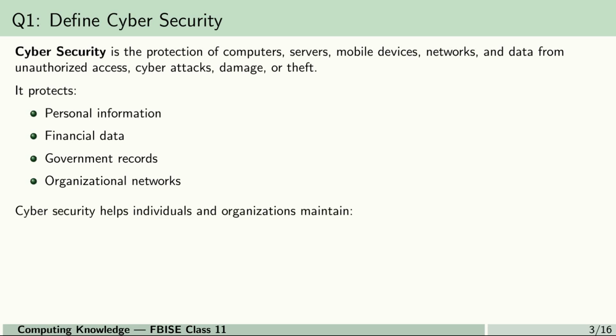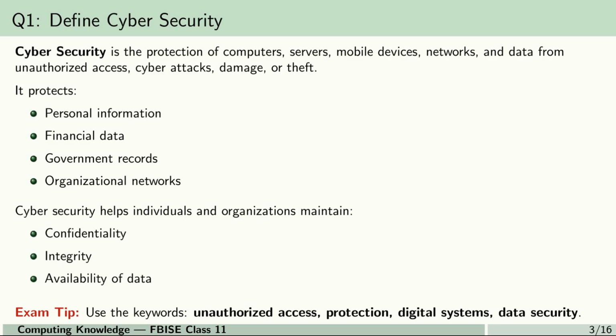Cybersecurity helps individuals and organizations maintain confidentiality, integrity, and availability of data. An exam tip is to use keywords like unauthorized access protection, digital system, digital security, and data security.